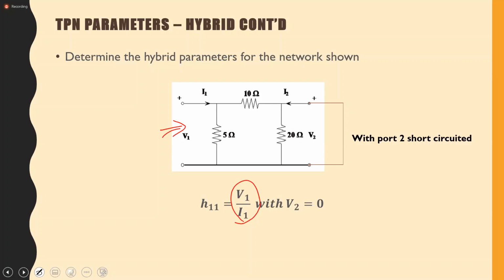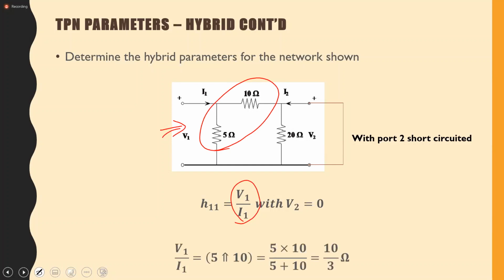Because I have the short circuit at port 2, all we have is the 5 and the 10 ohm resistors in parallel. So we can solve that. We get V1 over I1 to be equal to 10 over 3.